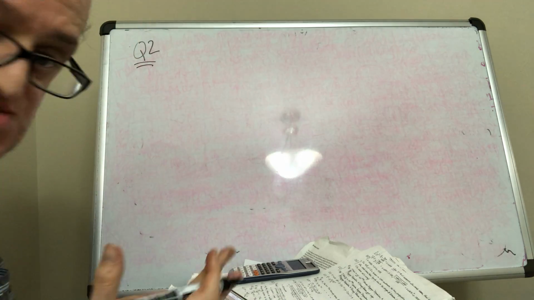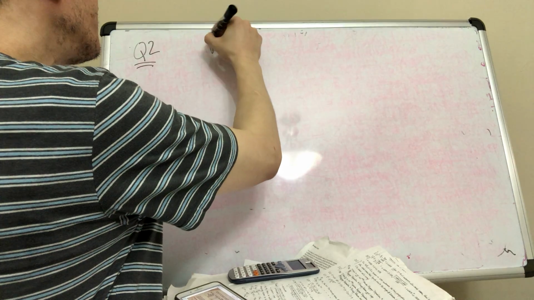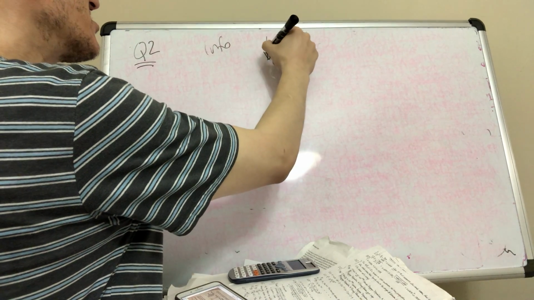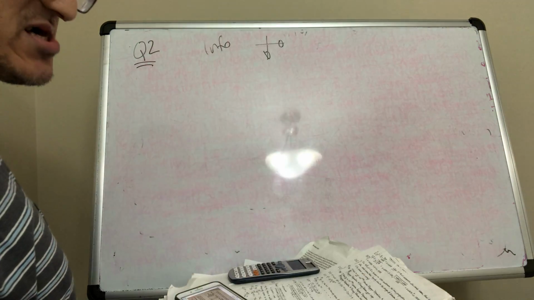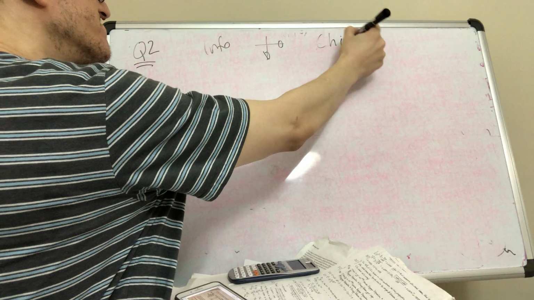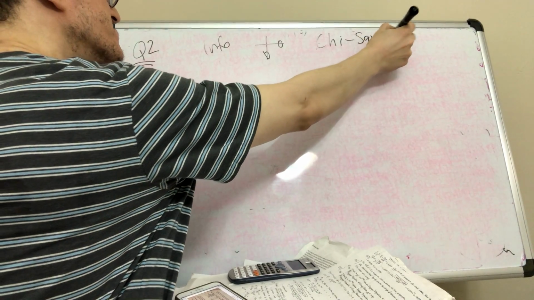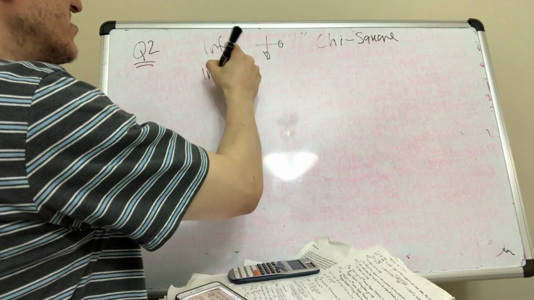You don't need to actually solve it. Now, since the information in this question is cross-referenced like this, we think that it could be chi-square. And then we look at the inside numbers.